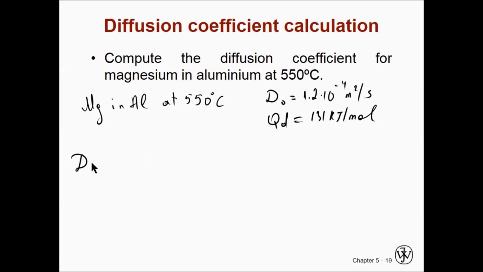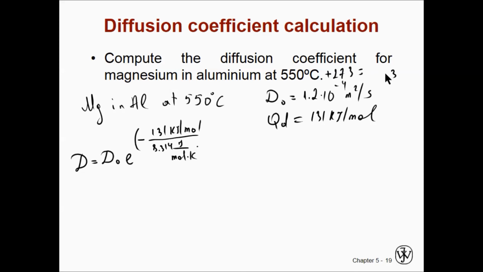Now our equation was D equals D0 times e to the power of negative activation energy all over gas constant, multiplied by temperature. I'm just inserting values, and for that temperature I have to convert this to Kelvin.